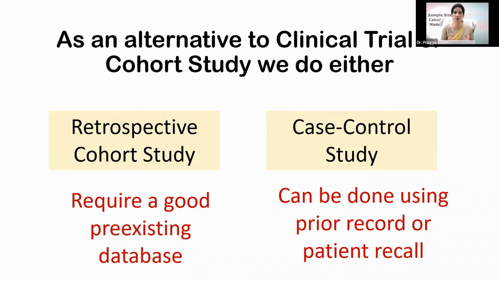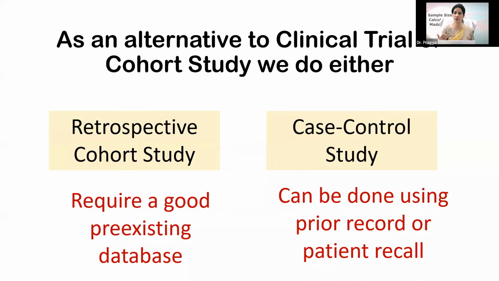We will discuss all these factors subsequently, but to have a good case control study, or to plan a good retrospective cohort, there should be a good pre-existing database. And unfortunately, in our hospital setup, not everything is digitalized, and there are many missed records also.